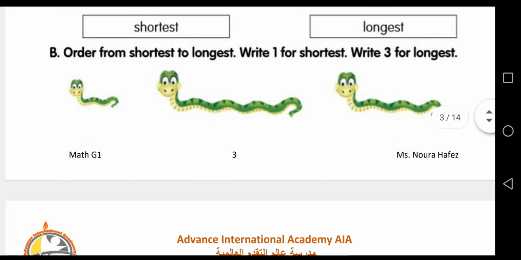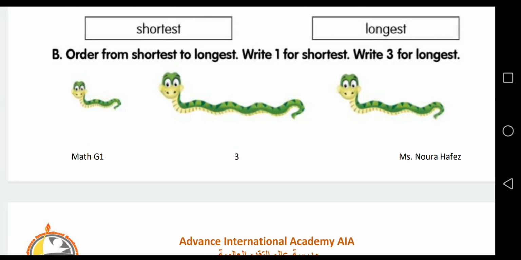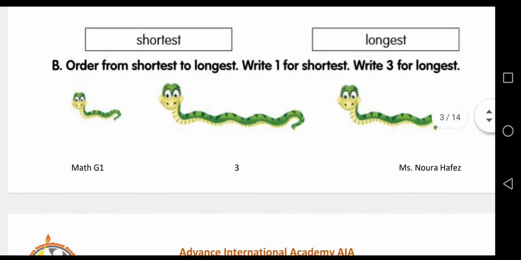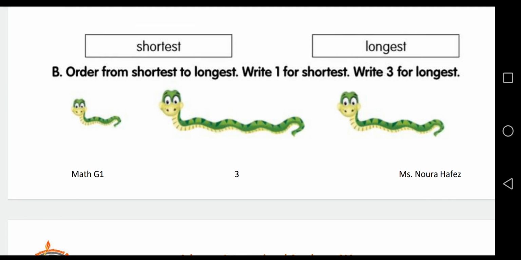Where is the shortest snake? Is it snake number 1, 2, or 3? Yes, excellent. Snake number 1 is the shortest snake. So, I will write number 1 on it.